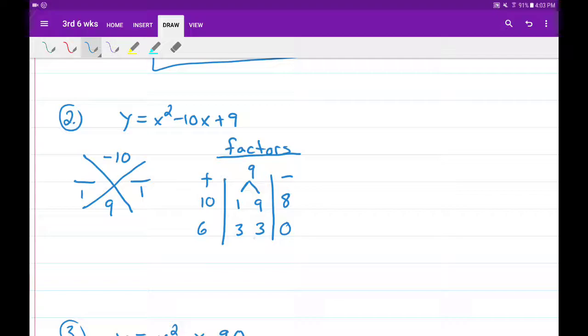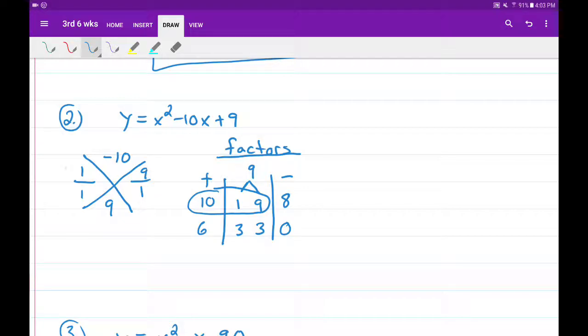So these outside numbers, I'm looking for any of these outside numbers that will match my B value. So this 10 does. So 10 comes from the product of 1 times 9. So I'll write those products in here. And then I will go ahead and see where the negative goes. Does it go to the 1, does it go to the 9, or does it go to both?